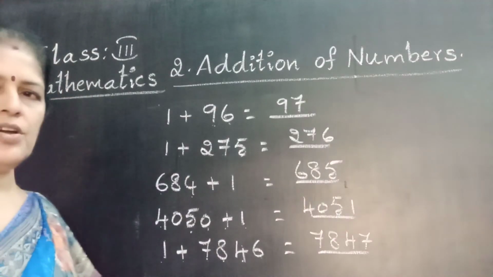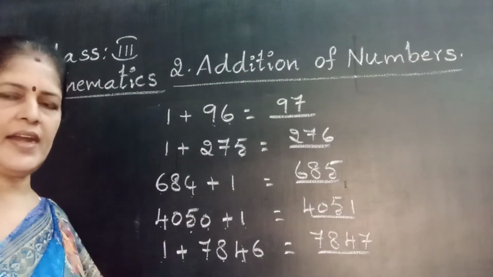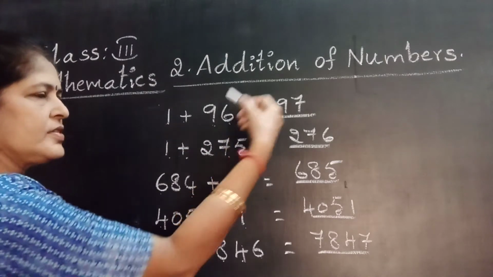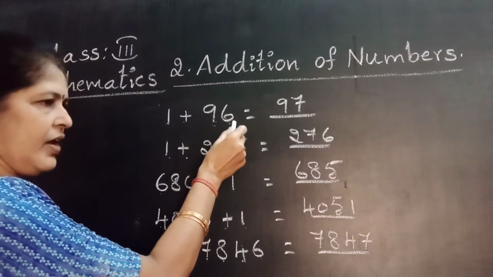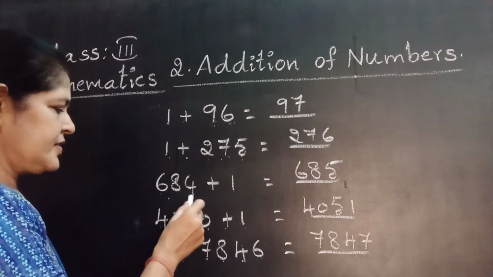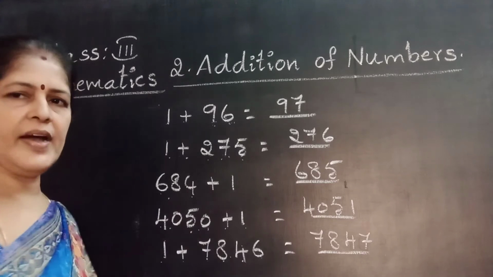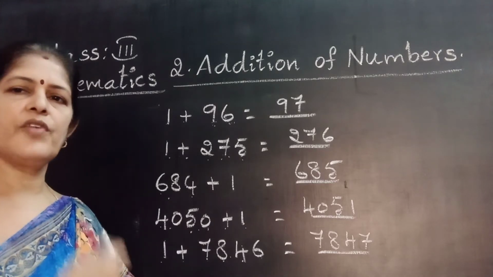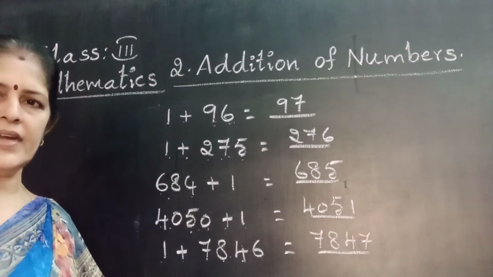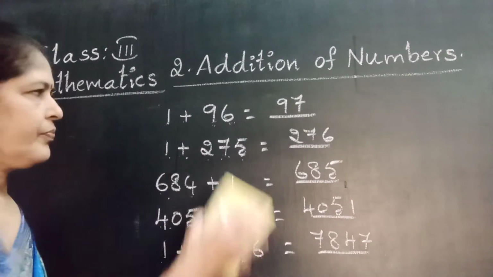This is adding 1 to a number. 1 plus a number goes to the number after the given number. That is for 2-digit numbers or 3-digit numbers or 4-digit numbers. Adding 1 means we write the number after the given number. Understood? Can I go to the next one?